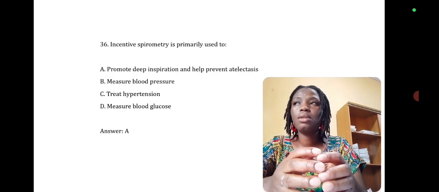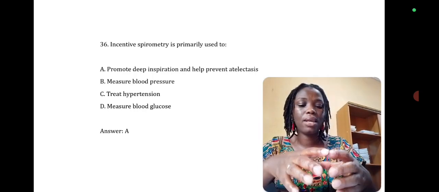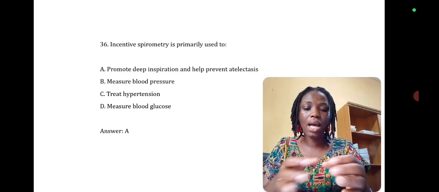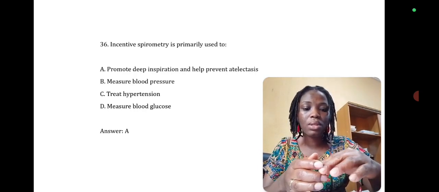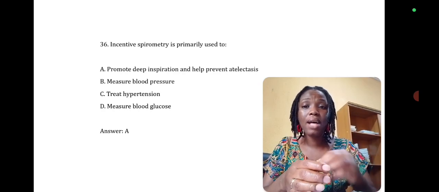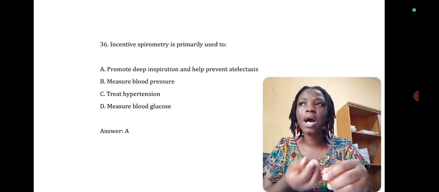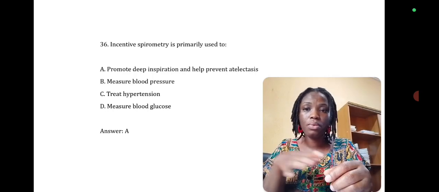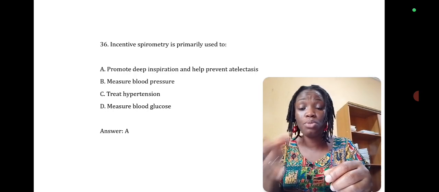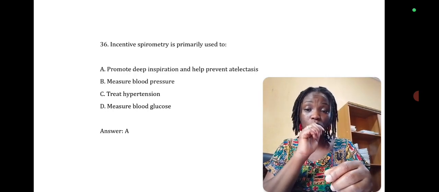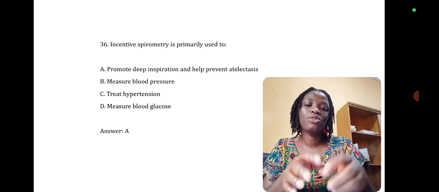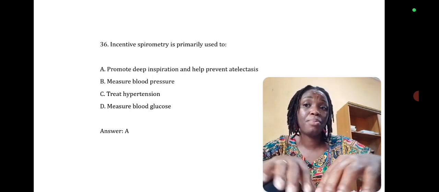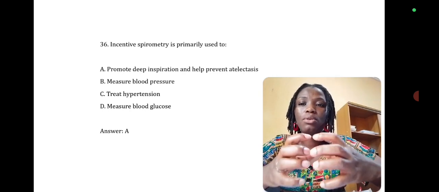It's like a jar that has some clear fluid inside, with calibrations. It also has a tube that you can put inside your mouth, as if you're using it to inhale and to exhale. So that's how this incentive spirometry is. It's just something you can hold.